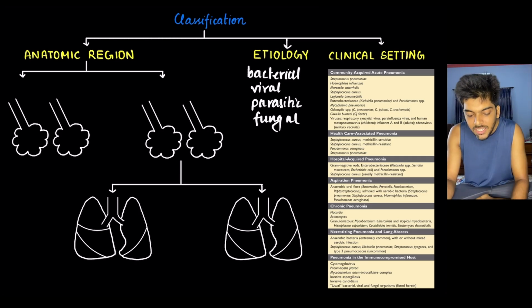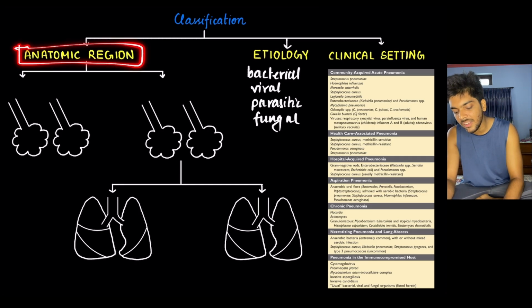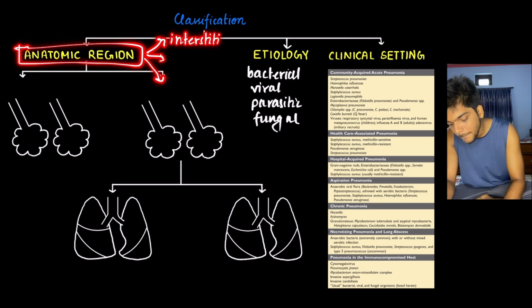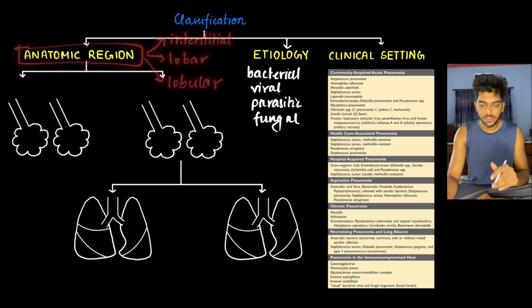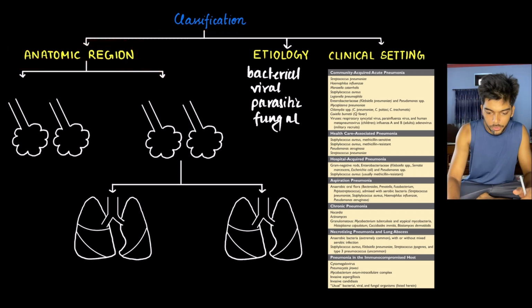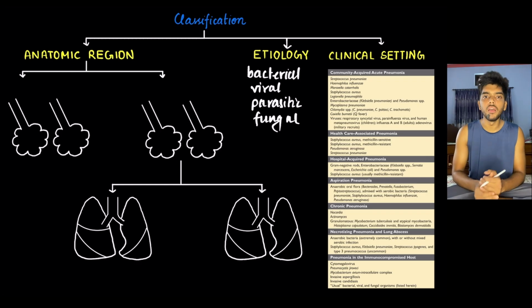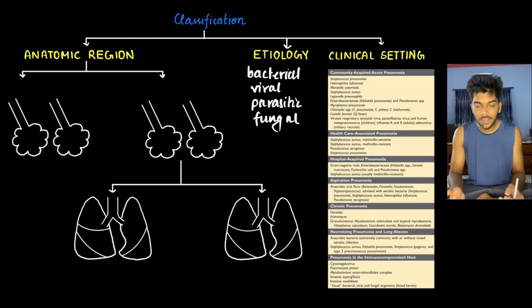Another, on the basis of anatomic region, there are three types of pneumonia. They are interstitial pneumonia, lobar pneumonia, and lobular pneumonia. Okay, hear me out first. I said that whenever there is pneumonia, there is consolidation of the lung. Why does consolidation of the lung take place?